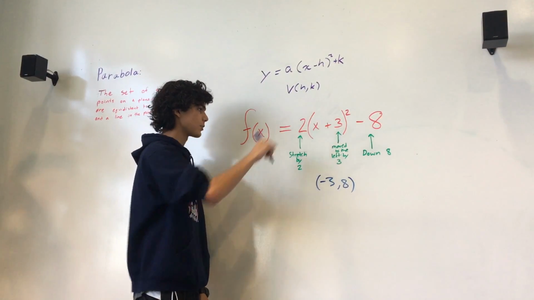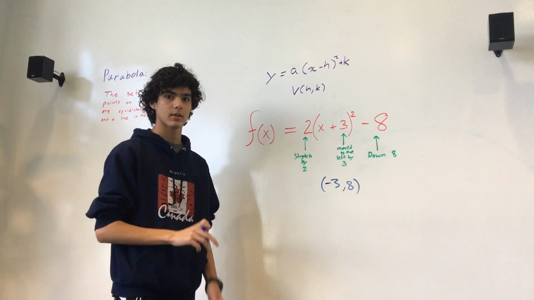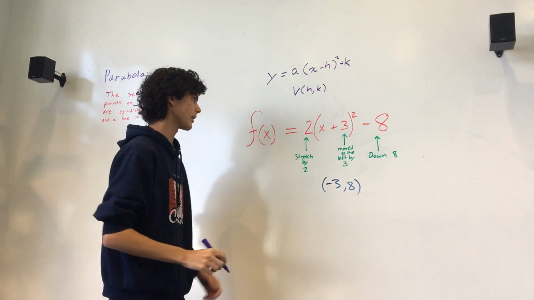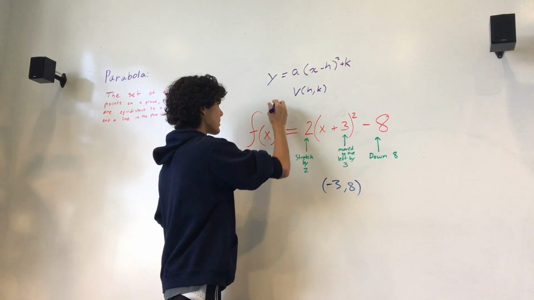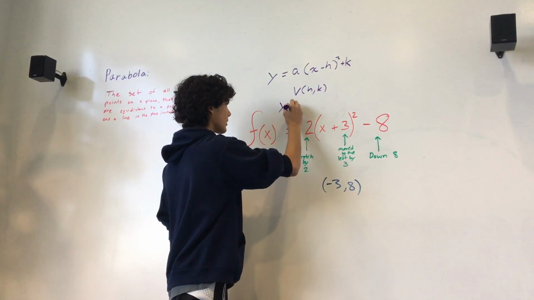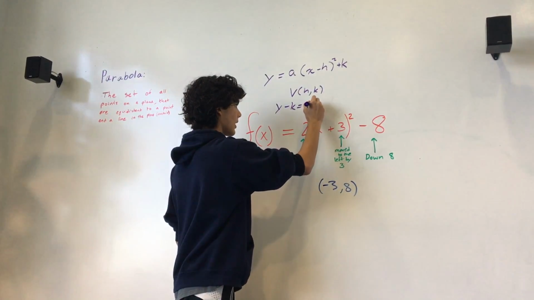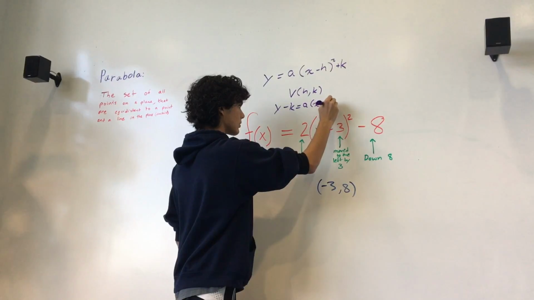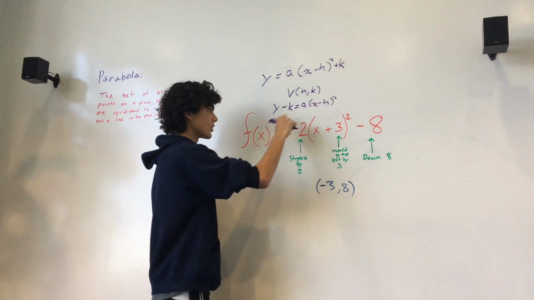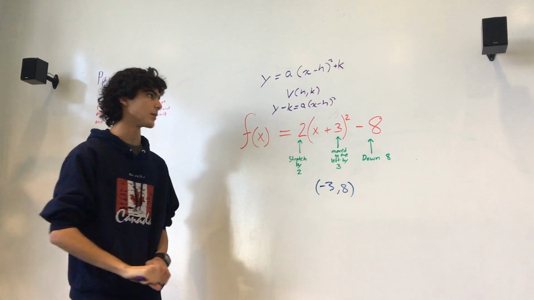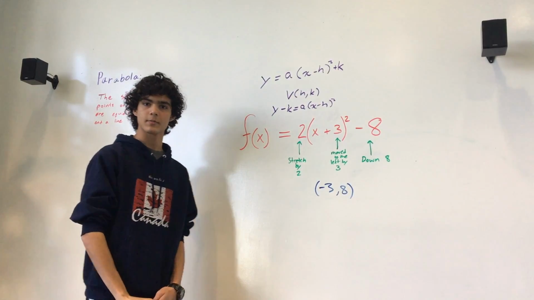Alternatively, to avoid the switch of the signs of the x value of the vertex, equations may be written as y minus k equals a times x minus h squared, so that both h and k are negative and they both must be flipped to avoid confusion.